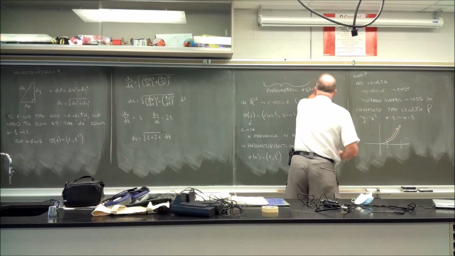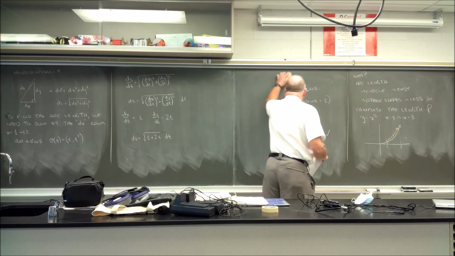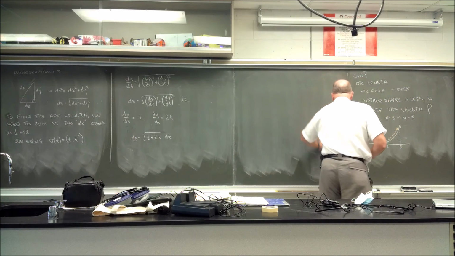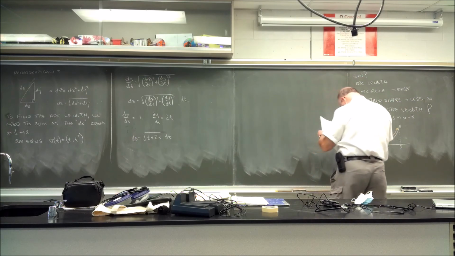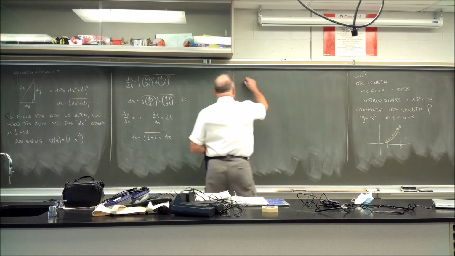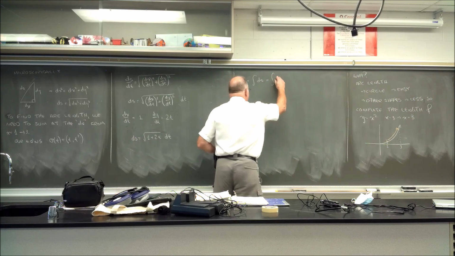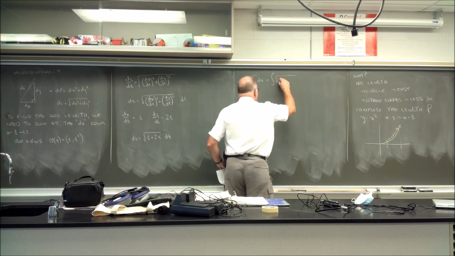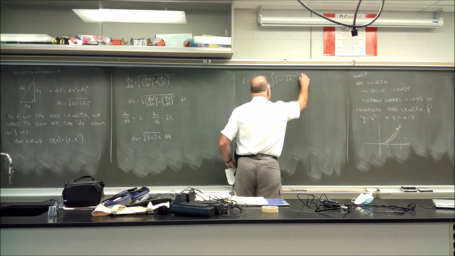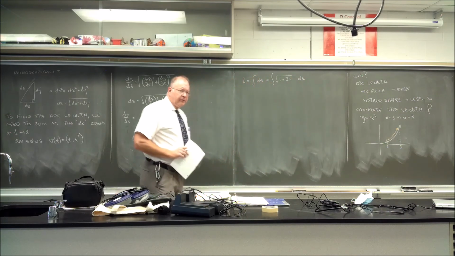So now we have an expression for ds. So let's see what we have to do now. The length of our arc is equal to the integral of ds, which is equal to the integral of the square root of 1 plus 2t dt. And now we also have to put in our limits of integration.